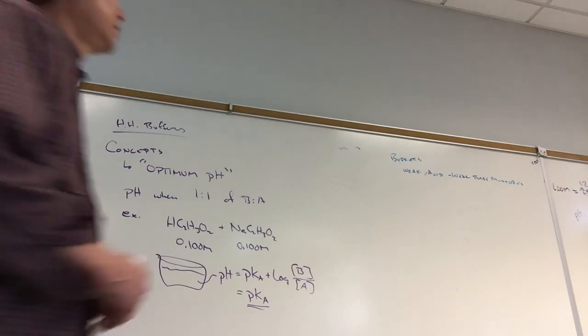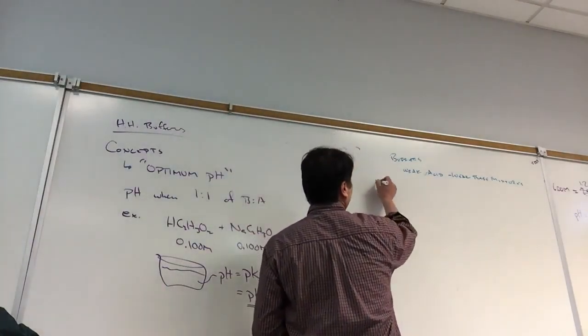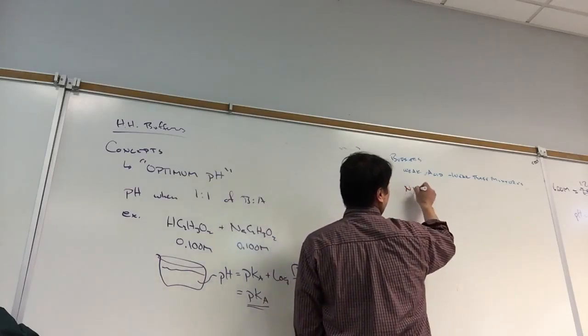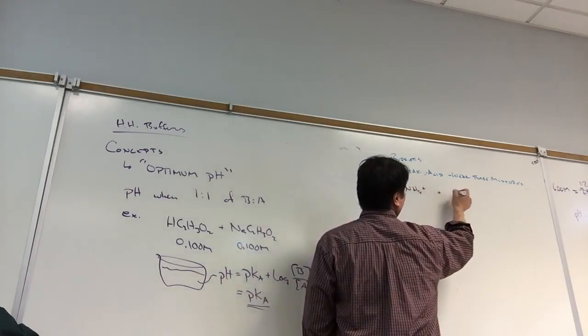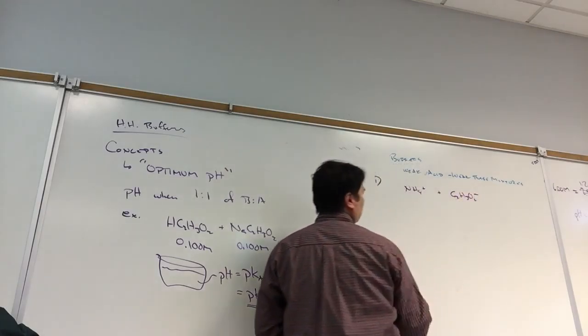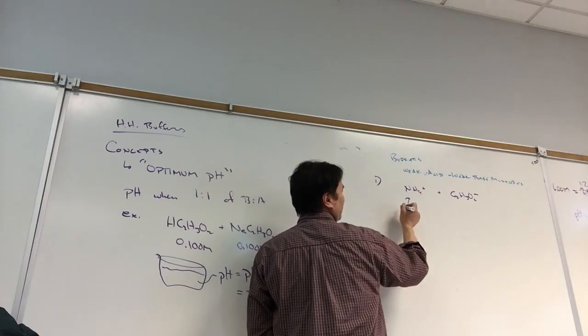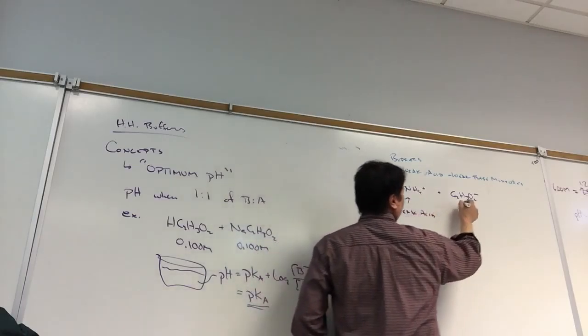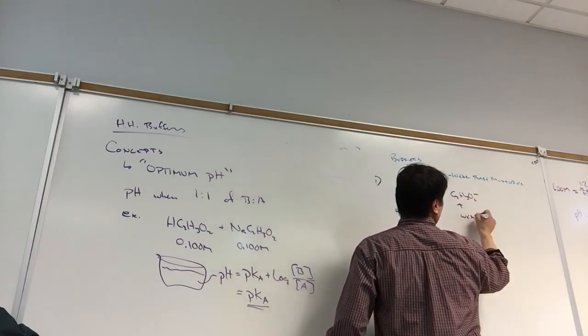Let's take a look at some examples of weak acid, weak base mixtures. An example would be something like ammonium and acetate. Ammonium, this is a weak acid. Acetate, this is a weak base.